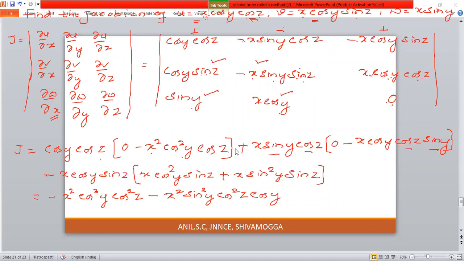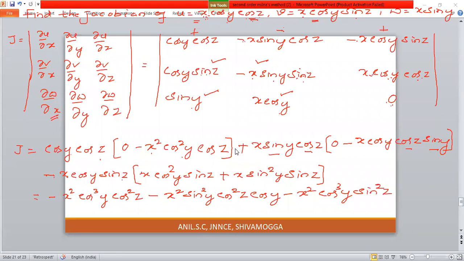Next third bracket, minus into plus minus x into x is x square. Cos y into cos square y is cos cube y. Cos y into cos square y is cos cube y. Sin z into sin z is sin square z.